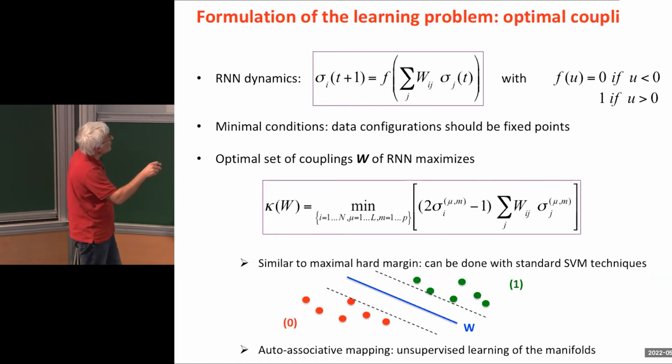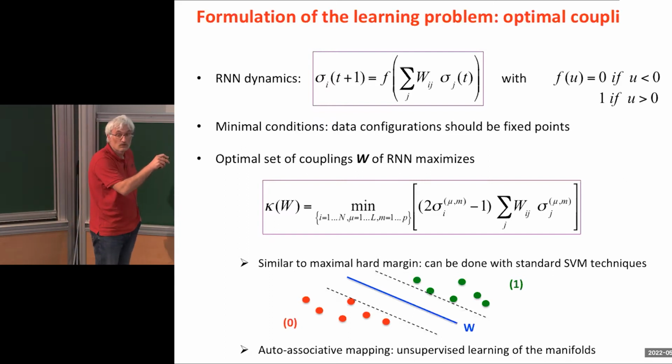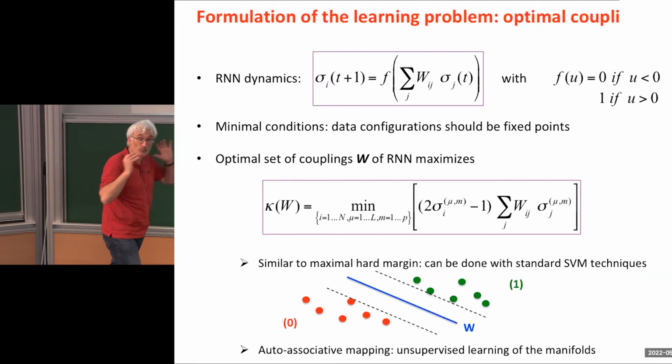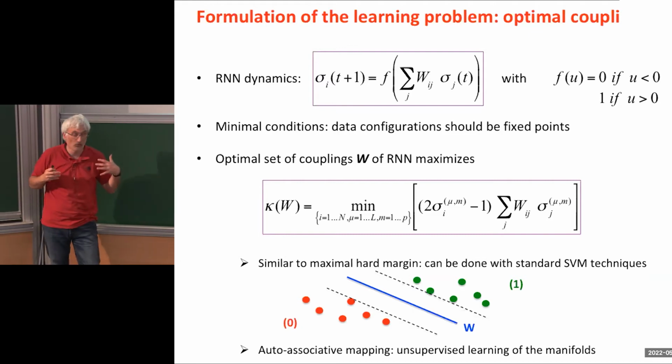And then I look at the worst case, which is the worst point, the worst environment, and the worst neuron. Worst means that this term here is minimal. And I want this minimum to be maximal. So I want to choose the W so that this minimum over the neuron, the environment, and the point is as large as possible. So it's a max-min condition. I want the worst situation to be as good as possible. So I will push W in order to maximize this minimum, right?